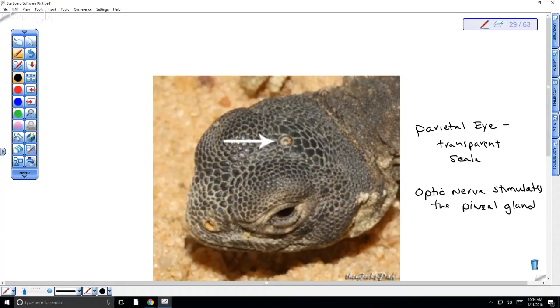And so you could be blind, but still have action potentials being sent to the pineal gland, and then you would not have problems with your circadian rhythm. So I think this gland is really interesting from an evolutionary perspective because of where it is located and where it was once located in ancestral species.